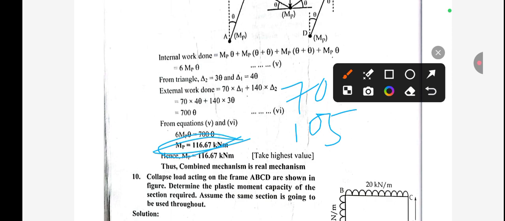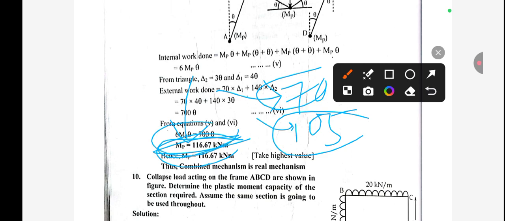From the combined mechanism the maximum value occurs, 116.67, from the beam we get 70, and from the sway we got 105. So comparing these three values, the maximum value is 116.67 kilonewton.